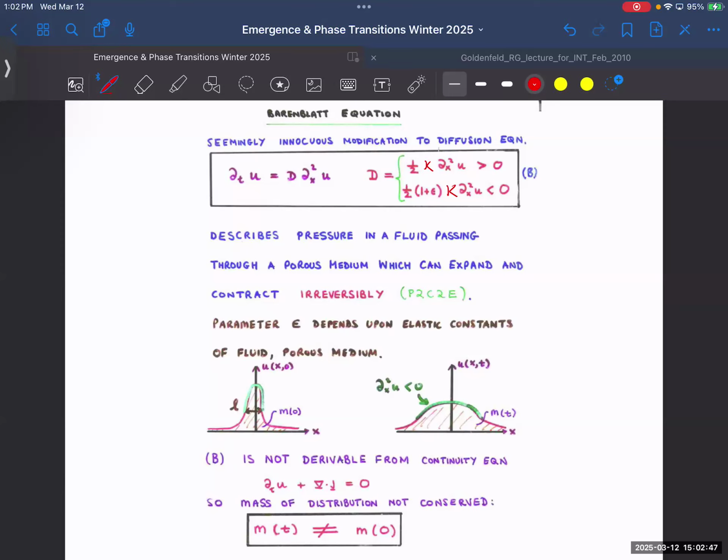Okay, so this describes the pressure in the fluid passing through a porous medium which can expand and contract irreversibly. So it's a sponge. As the fluid goes through the sponge, it pushes the sponge pores apart. As the fluid goes out of a pore, the thing contracts, but it can contract irreversibly because it can dissipate heat, or there can be some dissipation.